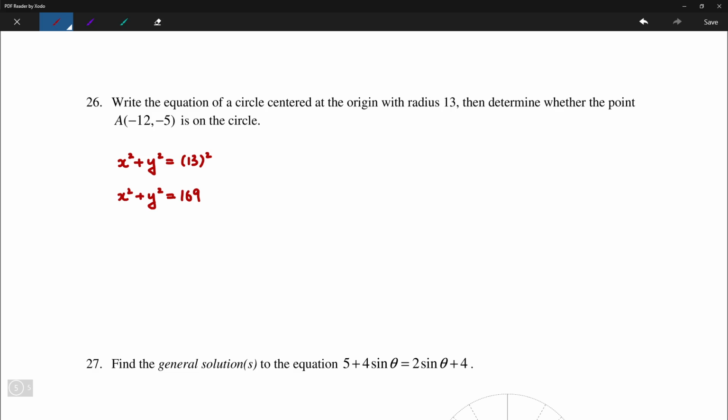And then it says to determine whether the point A, negative 12, negative 5, is on the circle. So we simply substitute negative 12 for x and negative 5 for y, and see if it is equal to the right-hand side. So that's 144 plus 25 is equal to 169. So that is, in fact, on the circle.